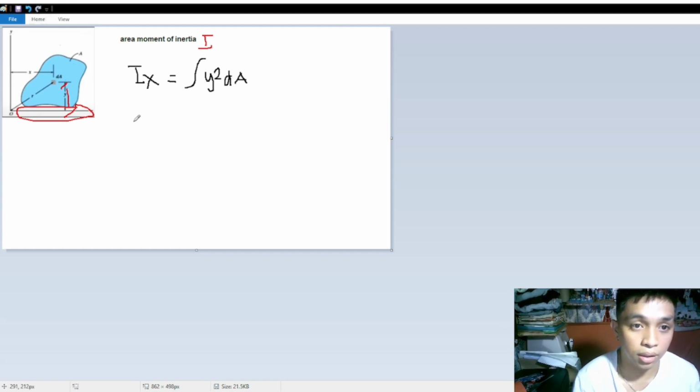And when you are asked to solve for the moment of inertia about the y-axis, the formula is the integral of x squared times the differential area. The distance from the y-axis to the differential area would be your x.